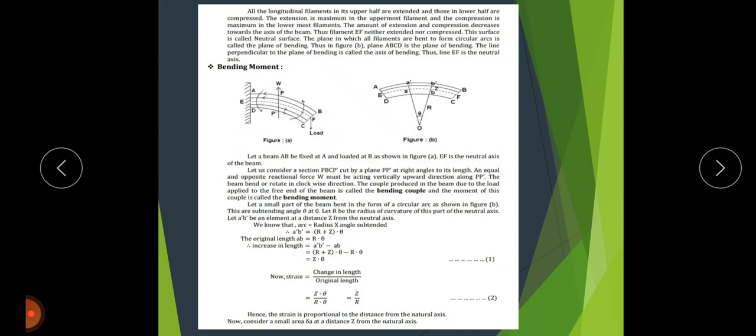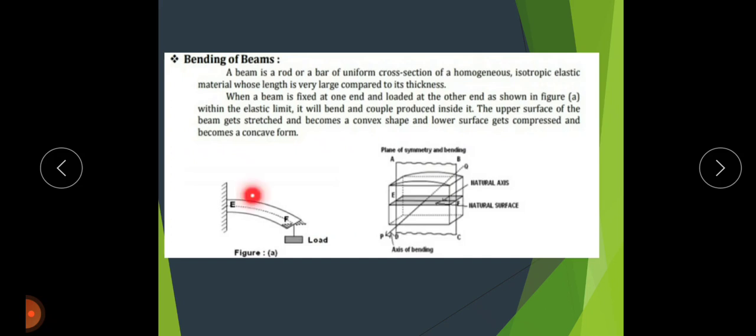The extension is maximum in the uppermost filament. The compression is maximum in the lowermost filament.